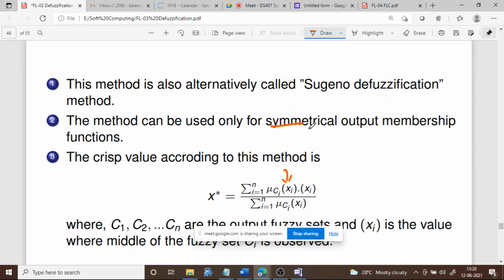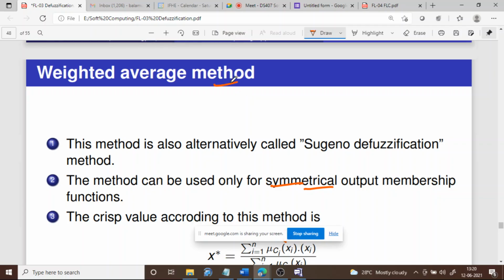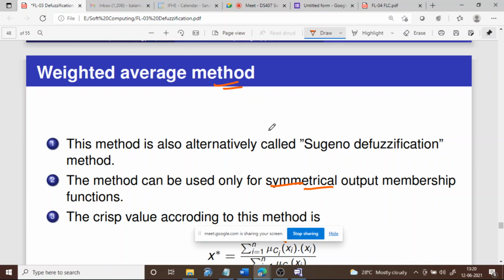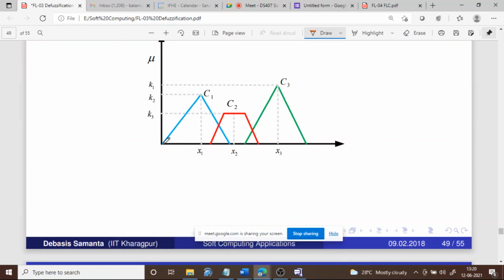But this is an important point: this weighted average technique is applicable only for symmetric membership functions. What is meant by a symmetric membership function? This membership function is called symmetric because on both sides it behaves in the same way. Previously we have discussed symmetric membership functions. That is, to the left of x1 it behaves the same way as to the right of x1.